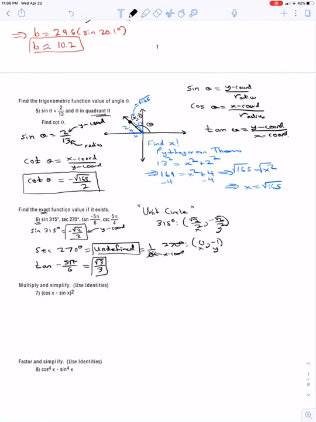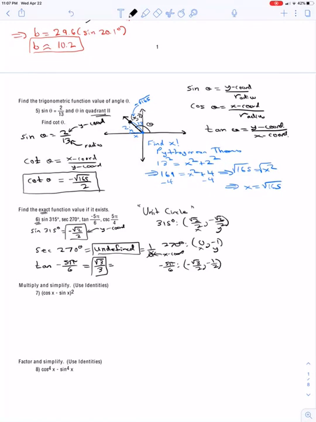And if you need to, over here we can label that ordered pair. Negative 5 pi over 6 had an ordered pair of what? Negative square root of 3 over 2, negative 1/2. So as you're looking at tangent, where did that come from?